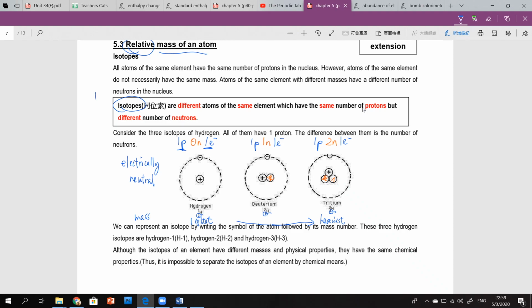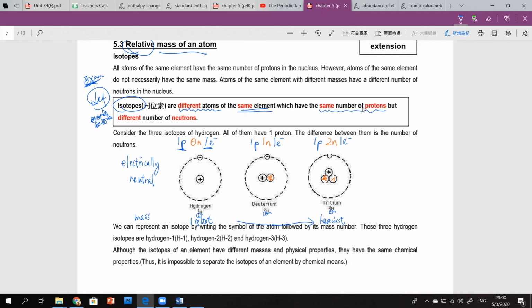同位素, that is a definition that you must remember. It is an exam definition, right? Exam type questions like this are assessed yearly, annually, so please remember this definition. Isotopes are different atoms of the same element which have the same number of protons, just like hydrogen.